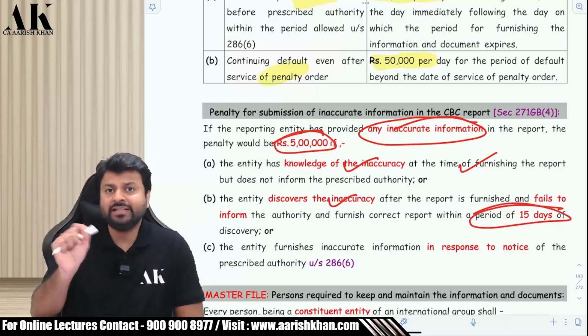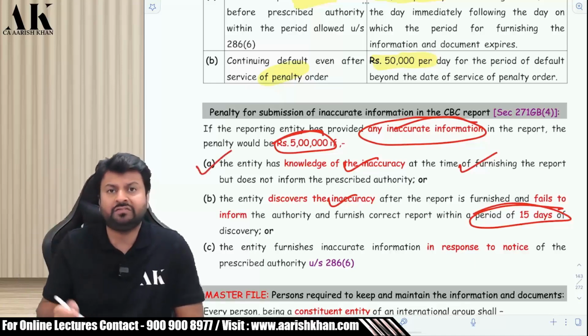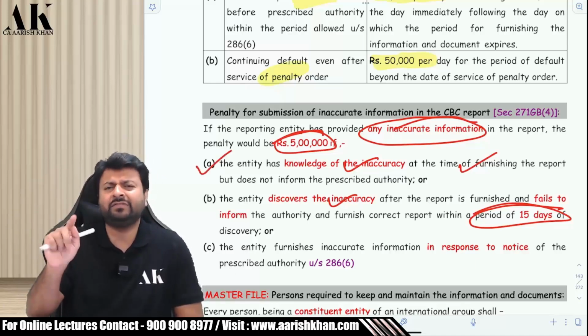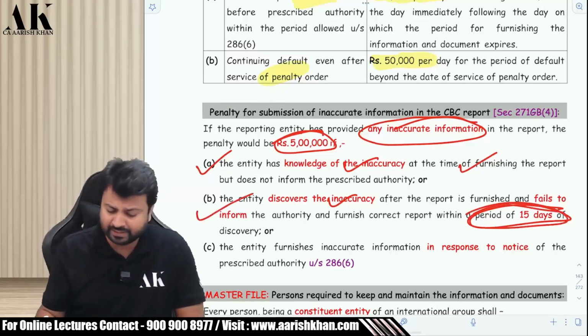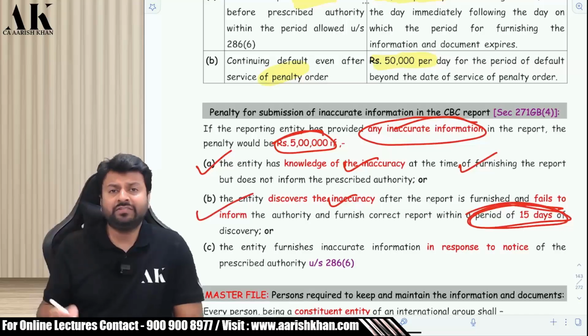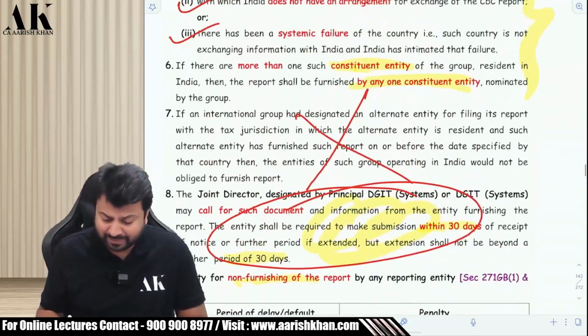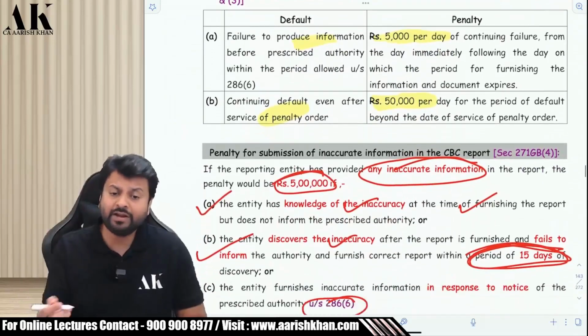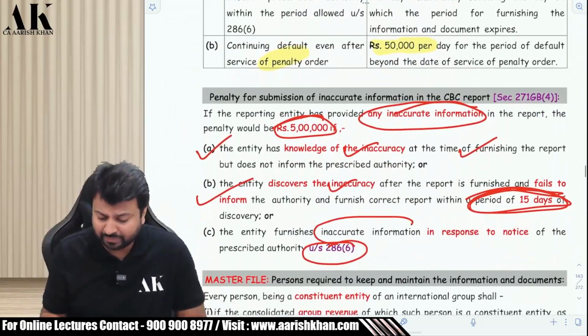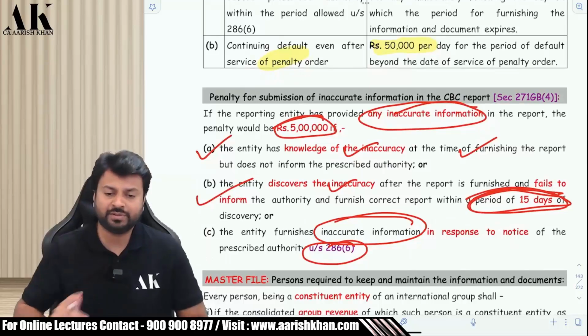One is when filing the information, you were aware that you are filing wrong information, 5 lakh penalty. One is when filing the information, I was not aware. Later on, I came to know. And in 15 days, I do not rectify, then also 5 lakh penalty. Next. If the department is asking you the information over here and you are responding in a wrong manner, giving them wrong, inaccurate information, then also there is a penalty of 5 lakh rupees. Check it over here, please.